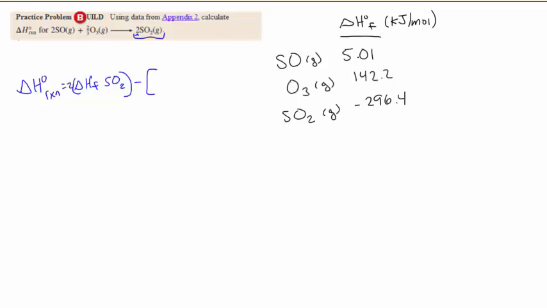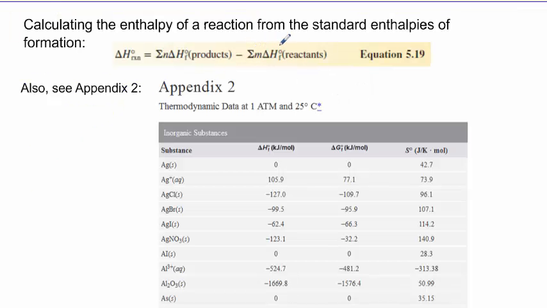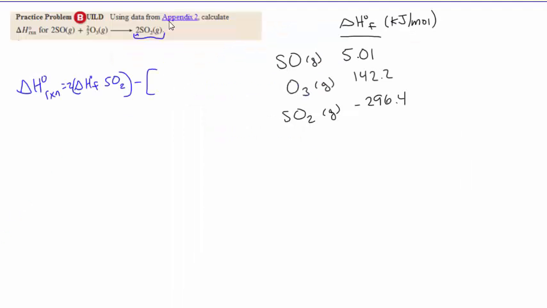The second part is to subtract the sum of those standard enthalpies of formation of the reactants. So the first one is SO, and there's a 2 in front, so I'm going to write 2 times the standard enthalpy of formation for SO. I should specify for the other one too, this is in the gas state.